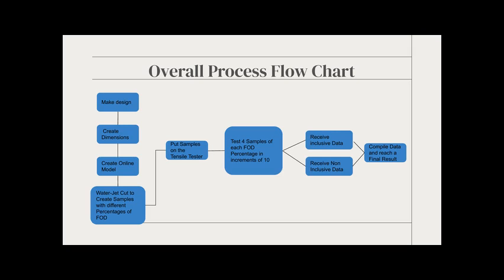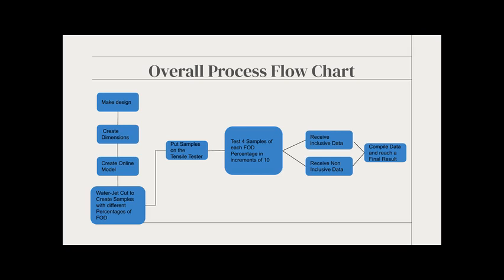They had a percentage of 0% FOD, 2% FOD, 5% FOD, and 7% FOD, and we got 10 different dog bones from each sample. After we got our samples, we tested 4 different samples from each percentage of FOD, and we went in increments of 10 from 200 pounds up to get our data.